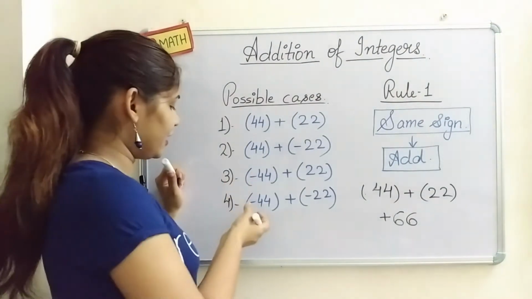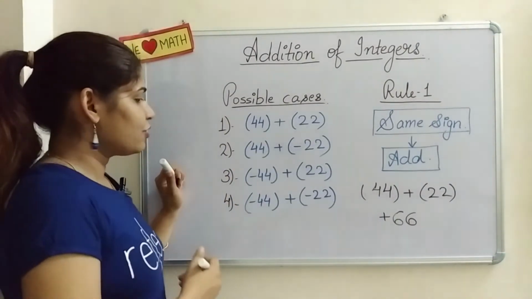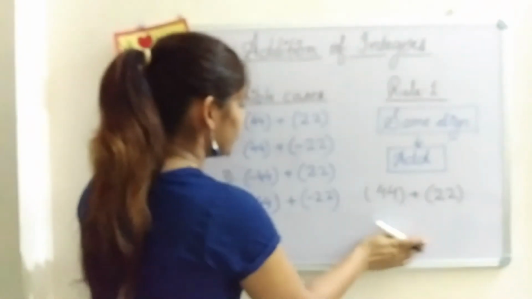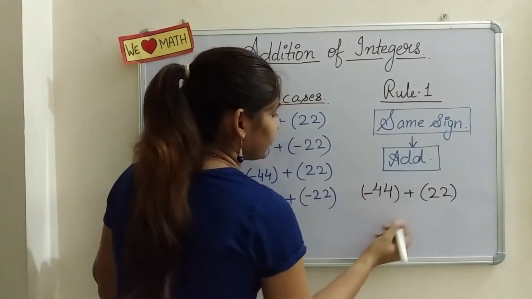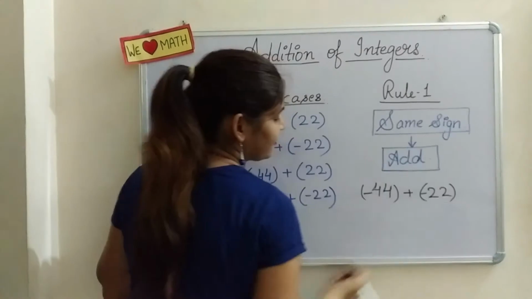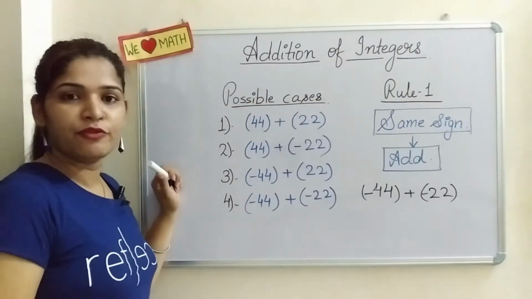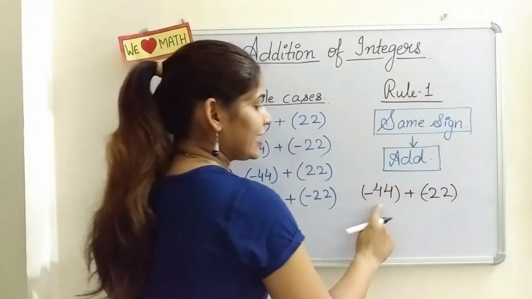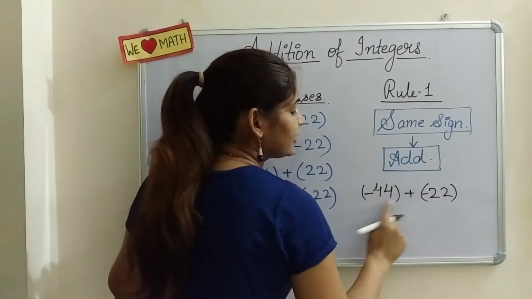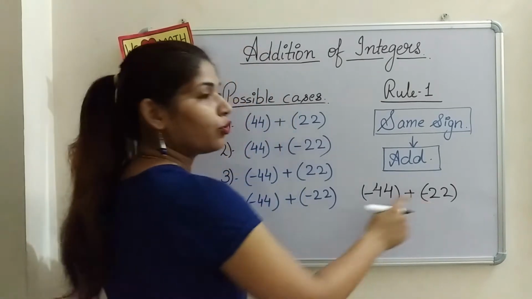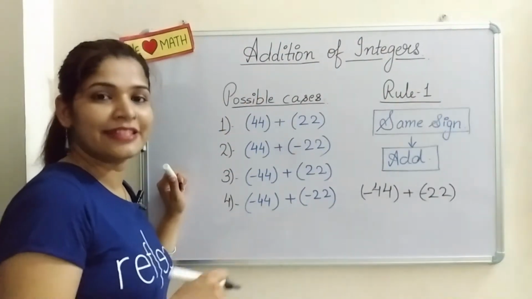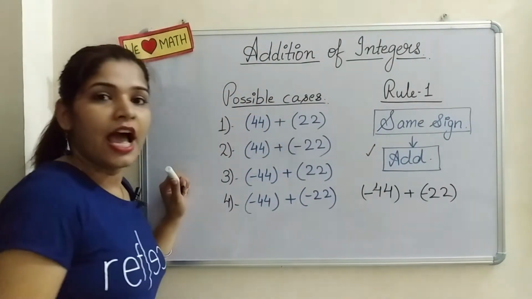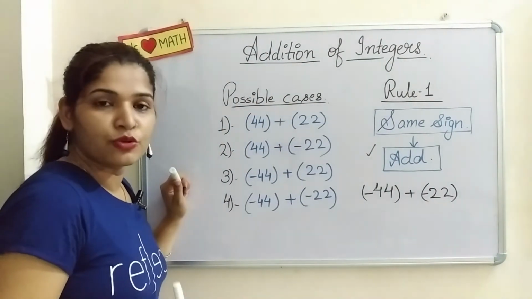But what is in case number 4? In this case we have both the numbers negative, negative 44 and negative 22, or we can say minus 44 and minus 22. As both the signs are the same, both belong to the same category, that is the negative category, here also we perform the addition of the absolute values.